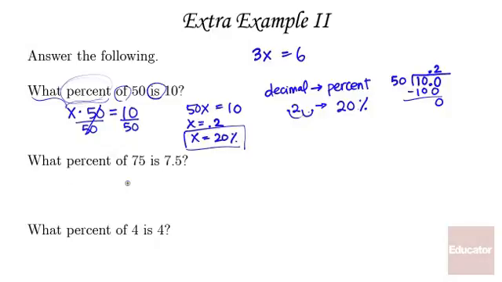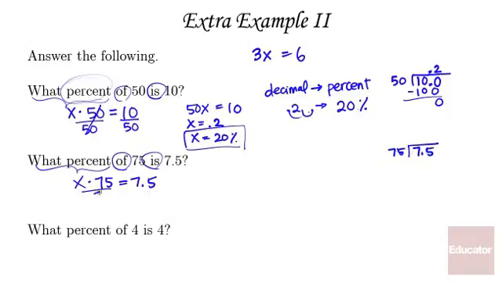Another one. So again, what percent, make that x your variable, times 75 equals 7.5. Again, we have to do this number divided by this number. So 7.5 divided by 75.